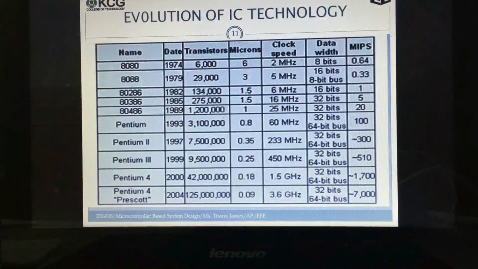As you see the evolution of the IC technology, the 8080 IC was integrated with a clock speed of 2 MHz and it had a data width of 8 bits. Later on, when the IC technology increased, the clock speed also increased, and so did the data width. We currently have a data width of 64 bits as a whole.